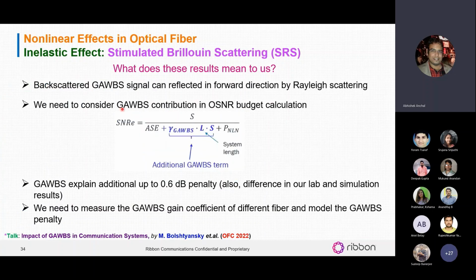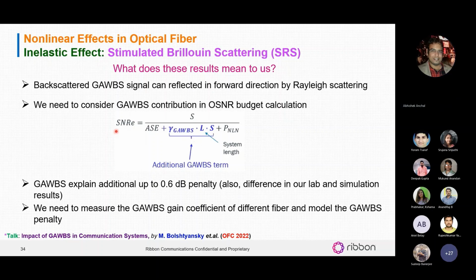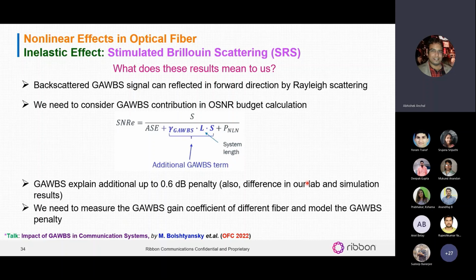So there were some talks, and they started to talk about creating a suitable penalty, considering the Brillouin effect as a noise source again, and they modeled this as this term. They found that the Brillouin effect can cause up to 0.6 dB penalty. We didn't see the Brillouin effect yet, but we have seen some difference between simulation and lab, which is also very similar, around 0.6 dB.